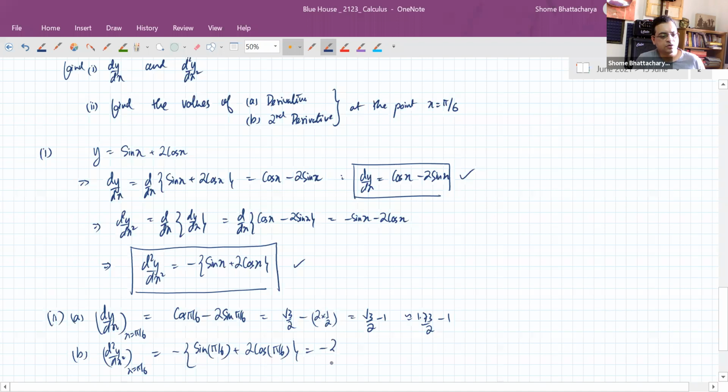So it is minus of 1 by 2 plus 2 root 3 by 2. So it is minus of half plus root 3. Okay. So this is the value of the second derivative. This is the value of the first derivative at the point x equal to pi by 6. I'm not solving it numerically further. You can always reduce it if required.